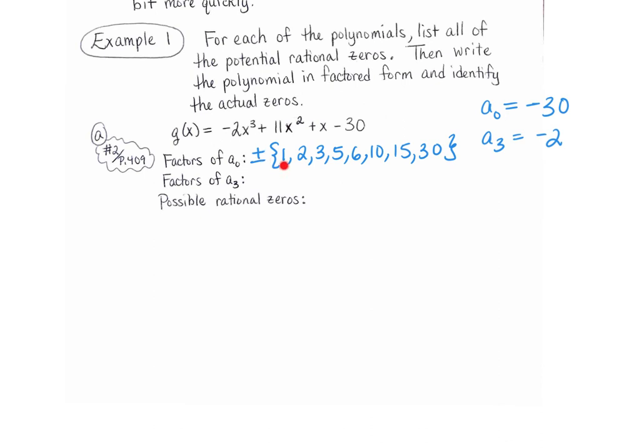And we normally go from lowest to greatest. So factors of a sub 3, what do we put outside? Plus or minus, good. And then what numbers? 1 and 2, excellent.